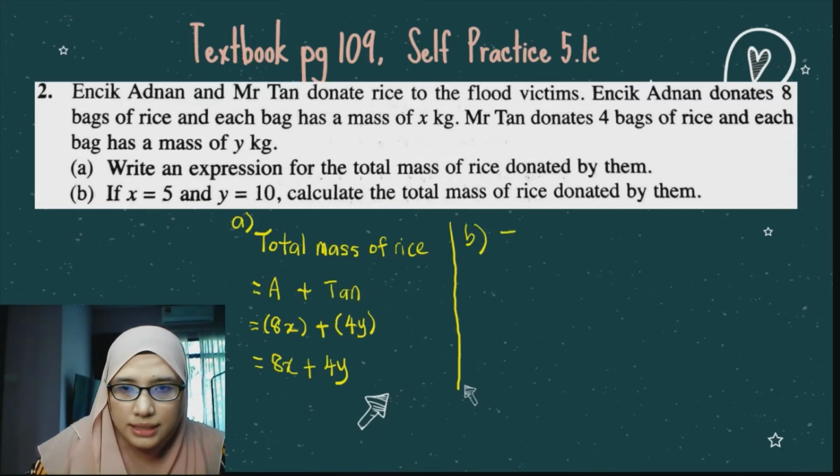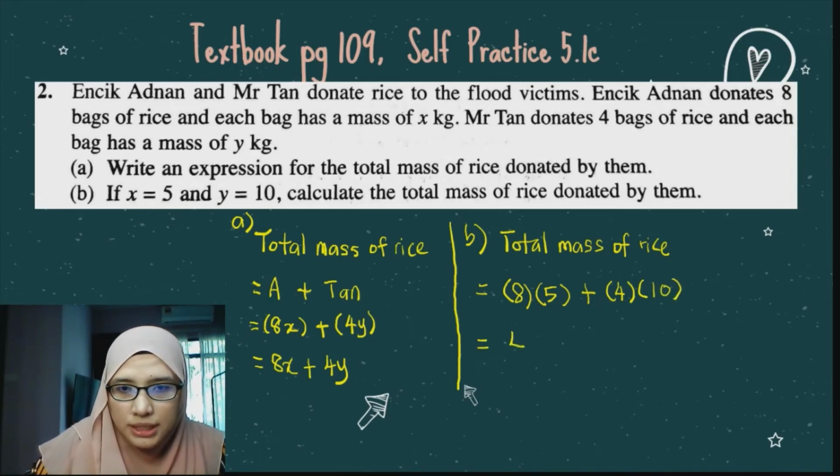So total mass of rice is equal to, we have multiplication here. So 8, x is 5, we just substitute in the value given. 4 and y is 10.